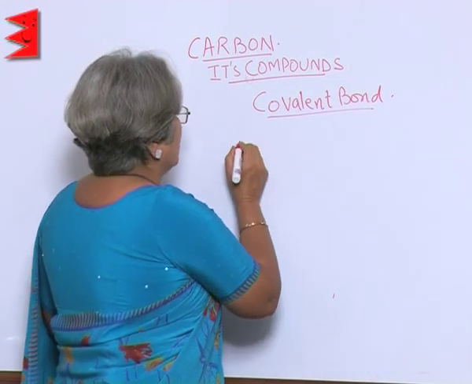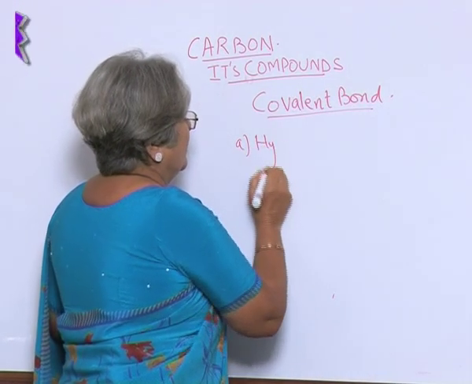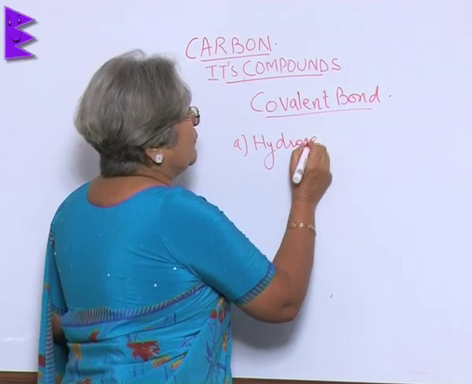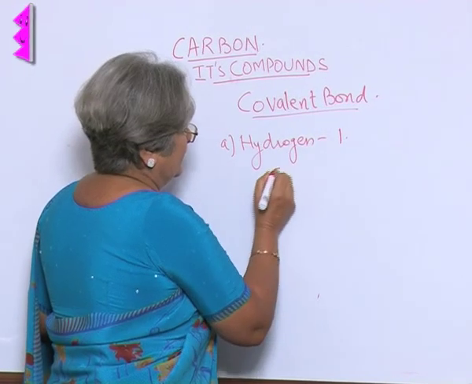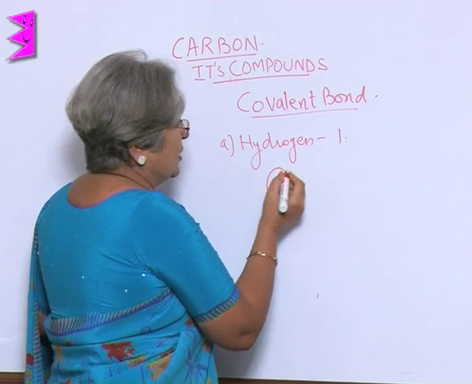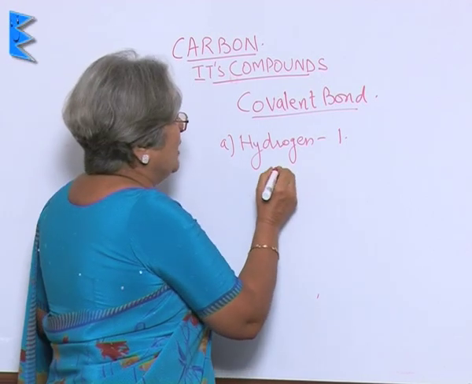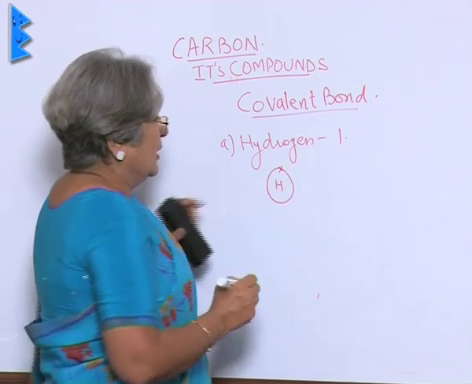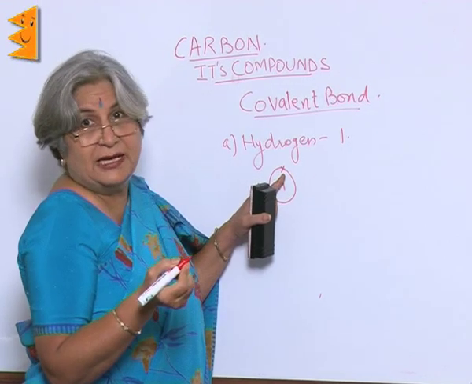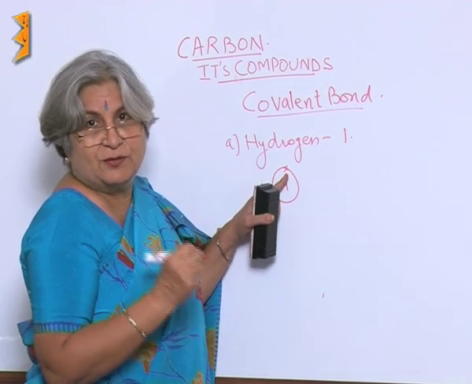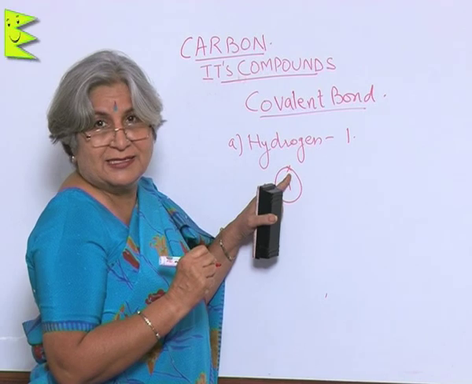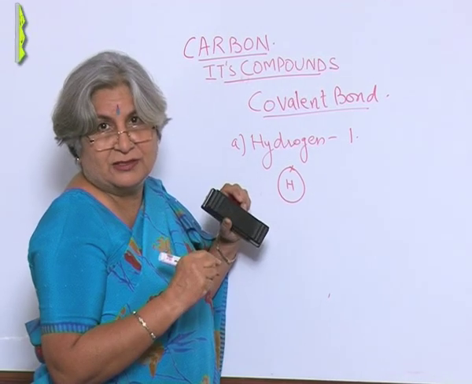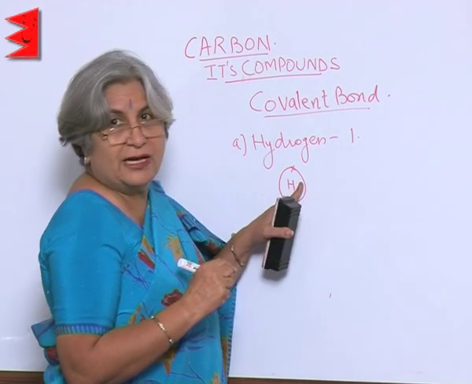Let us take the case of hydrogen. The atomic number of hydrogen is 1. So in the K shell there is only 1 electron. Now it wants to be like helium, because helium is the nearest noble gas, and that has only 2 electrons. So which means it has to gain 1.